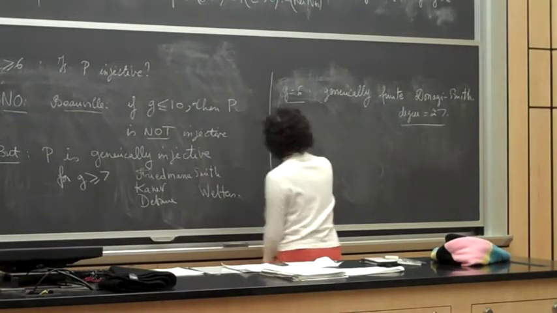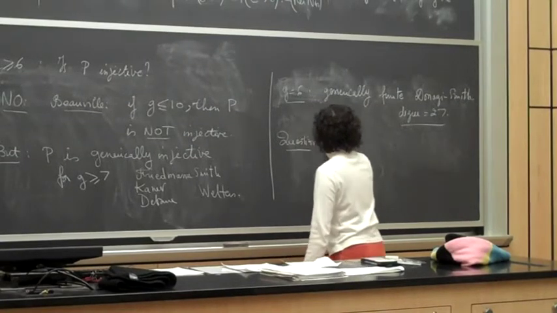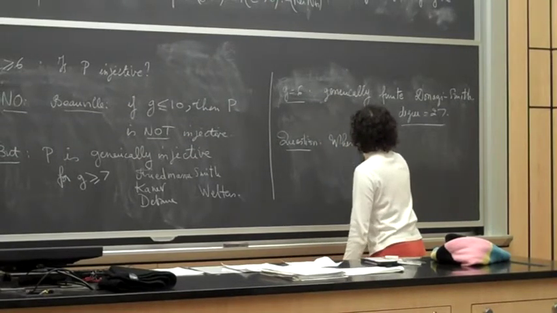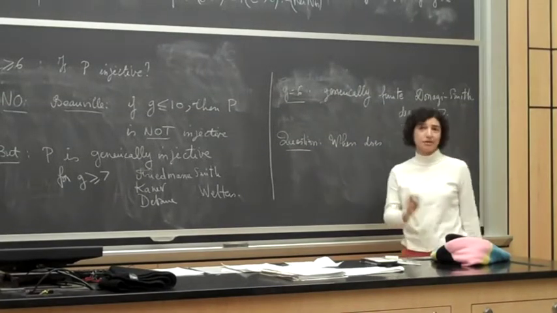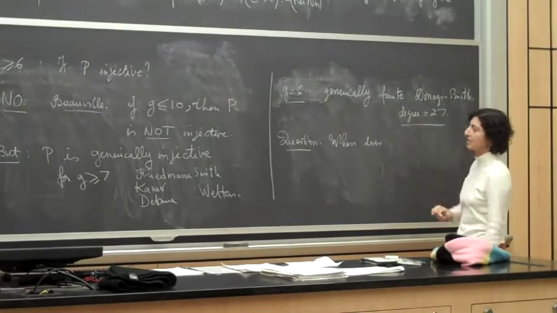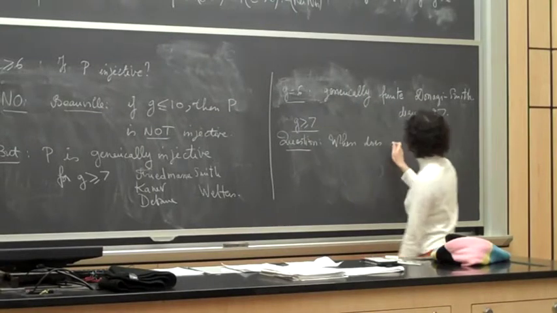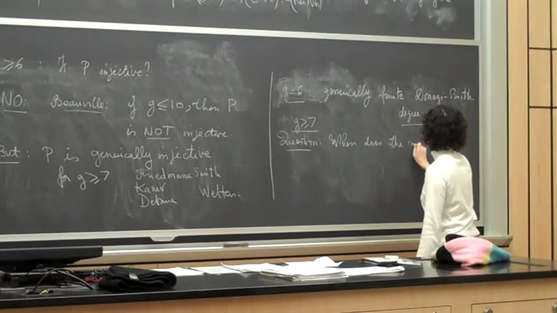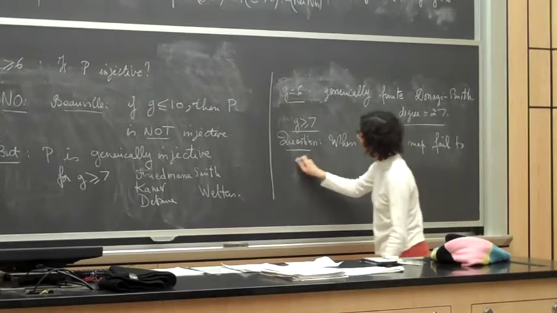Anyway, okay, so here's another question. When does the map, and of course we want to assume genus at least 7, right, because we know it's not injective up to genus 6, fail to be injective?